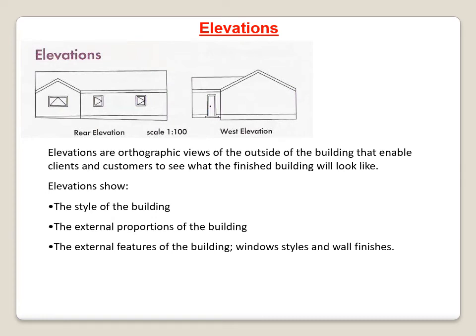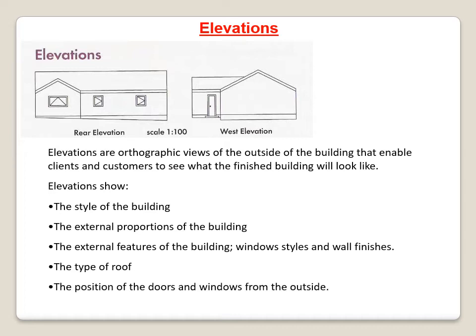The example I've shown you doesn't really have any details on it, but sometimes you'll have cornerstones or nice lintels below the windows, sandstone, etc. These would sometimes be shown on elevations. You'll maybe see the type of roof and the position of the doors and windows from the outside. The scale of an elevation is normally drawn at 1 to 100 or 1 to 50.